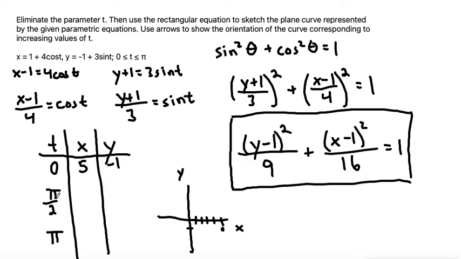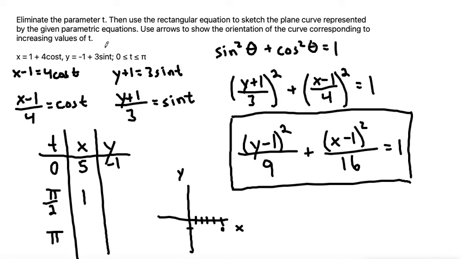Next, let's plug in pi over 2. If we plug that into our x equation, the cosine of pi over 2 is 0. So this whole term goes to 0, and it just leaves us with 1 for our x value. Then if we plug in pi over 2 for our y equation, sine of pi over 2 is 1.